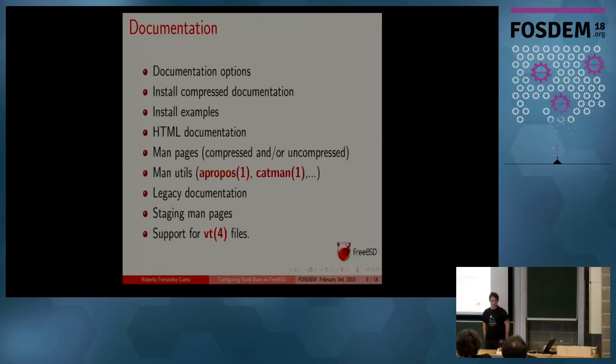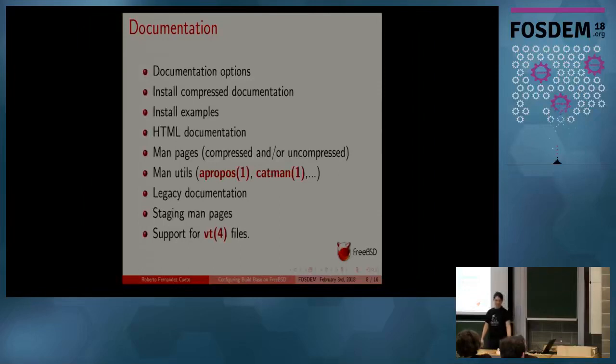Documentation, that's pretty straightforward. Shall we install compressed documentation? Shall we install examples? Shall we install HTML documentation? Shall we install man pages, either compressed, uncompressed, or none at all?